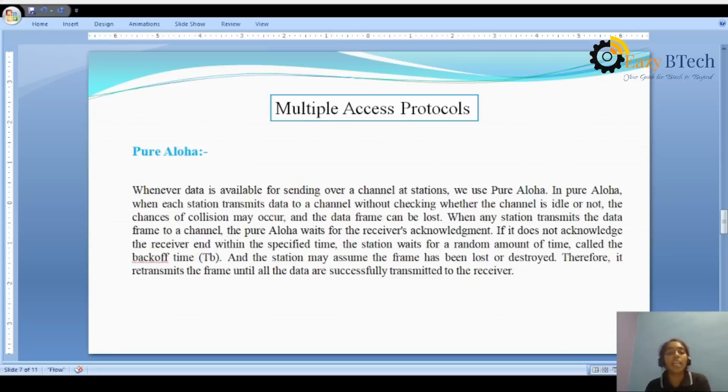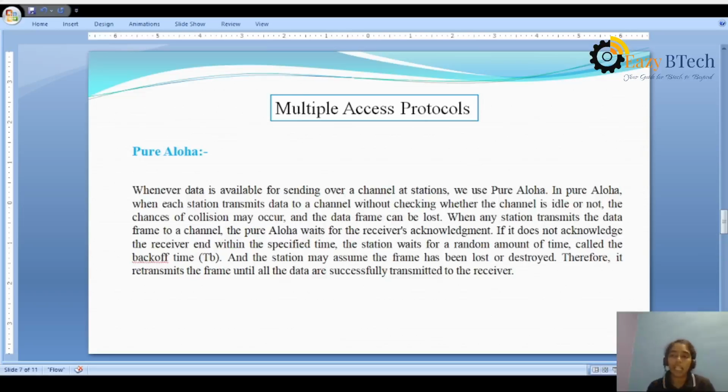If it does not receive an acknowledgement from the receiver end within the specified time, the station waits for a random amount of time called the back-off time, TB. The station may assume the frame has been lost or destroyed. Therefore, it retransmits the frame until all the data is successfully transmitted to the receiver.